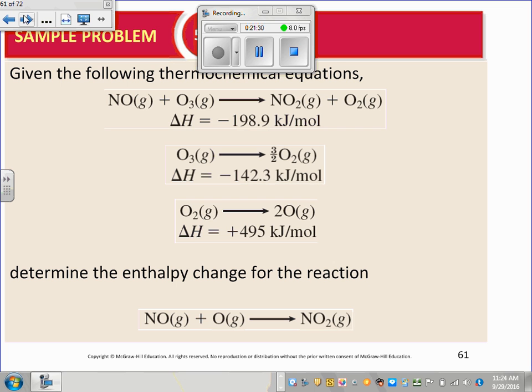Now if I look at these 3 equations, I add them up. Remember what we did with ionic equations, we cross like things out? I had to get rid of the O3, because that's on both sides. It's on the left here, it's on the right here, so I can get rid of those. Gotta keep the O, gotta keep the NO2. Oh, wait a minute. I got 3 halves there, 1 half there.